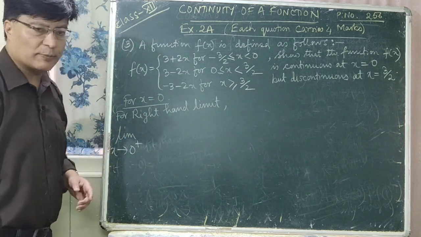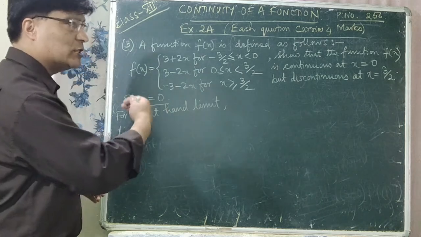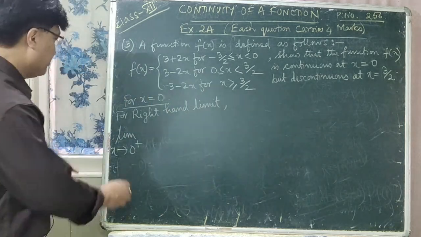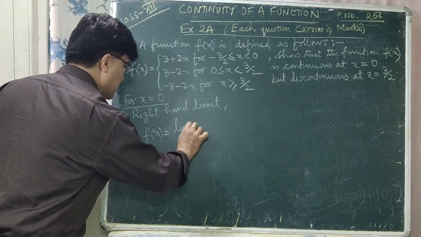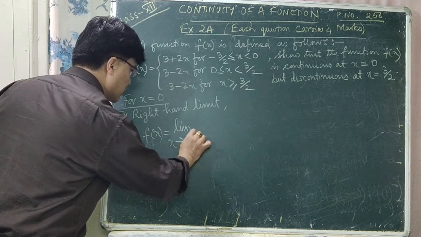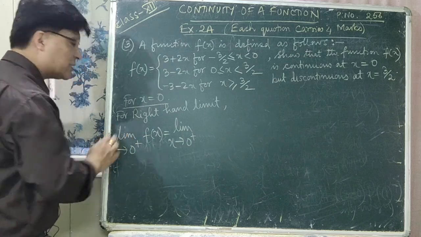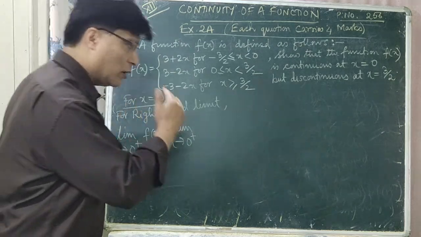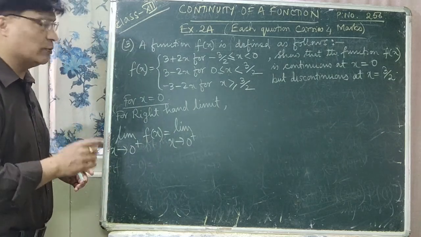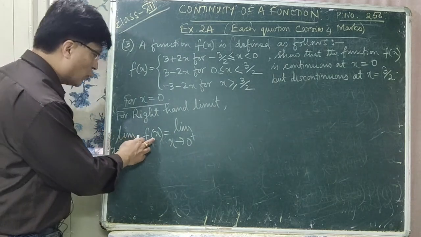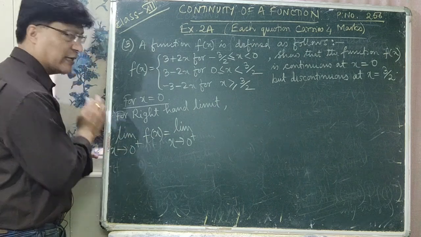Limit x tends to 0 plus means x is tending towards 0 from the right hand side. Okay, then write down f of x is equal to limit x tends to 0 plus. What is the meaning of x tends to 0 plus? On the right hand side of x is equal to 0, all the values of x are greater than 0. Now in this case, what is the value for f of x when x greater than 0?